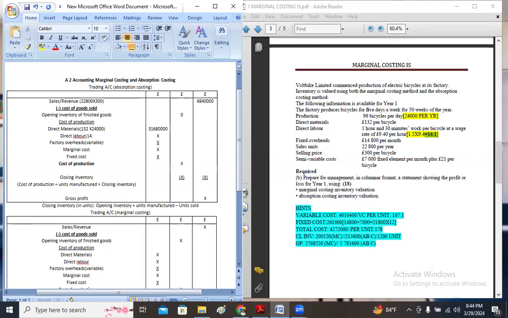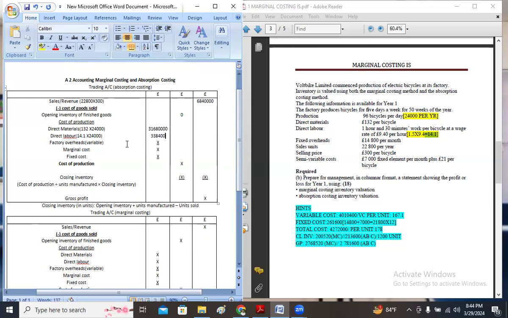So 14.1 multiplied by 24,000 is 338,400.